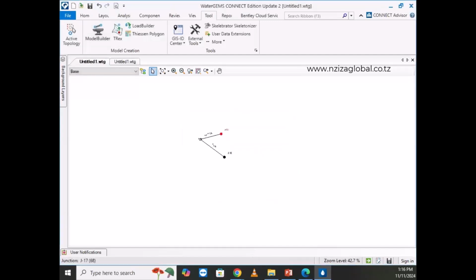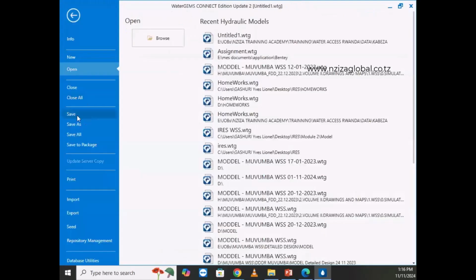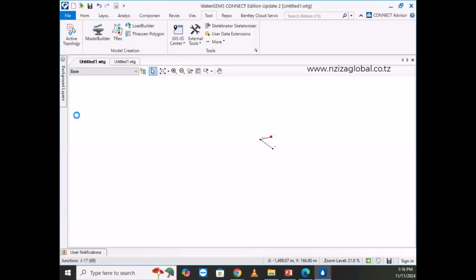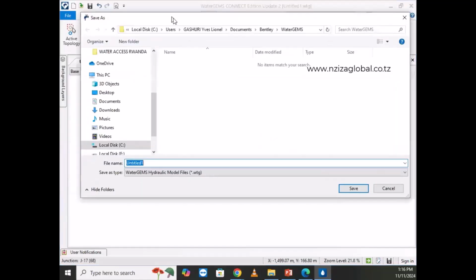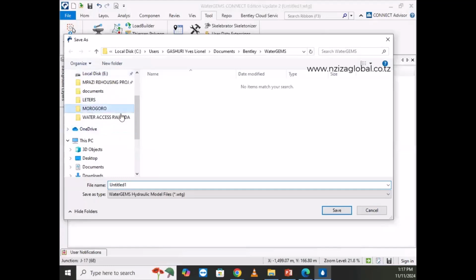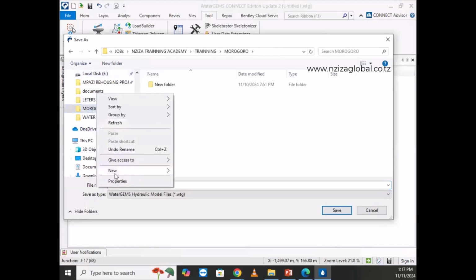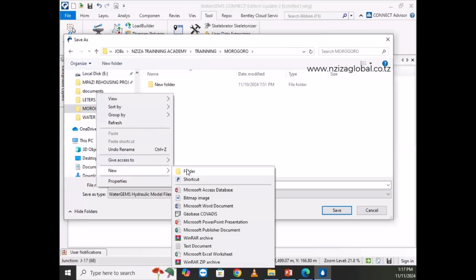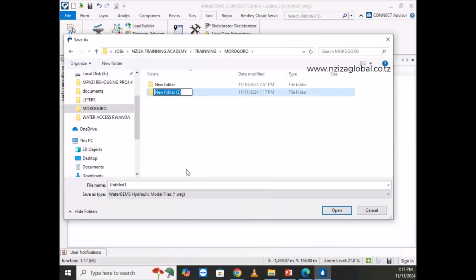So after setting your network, your unit, and starting a new project, you can then save. By saving, they will ask you where to save your document. Wherever you are starting, you can save.